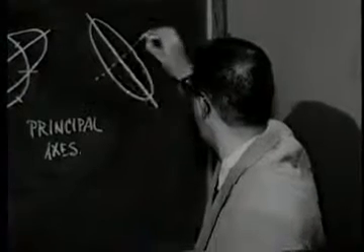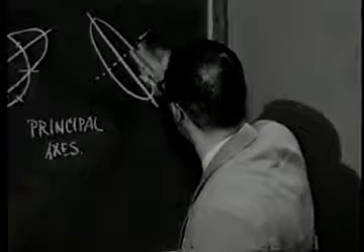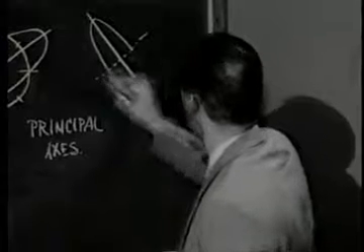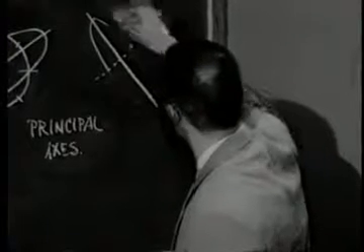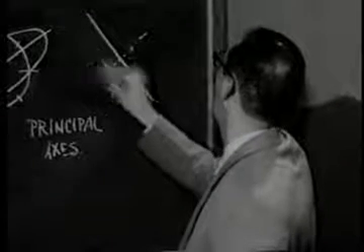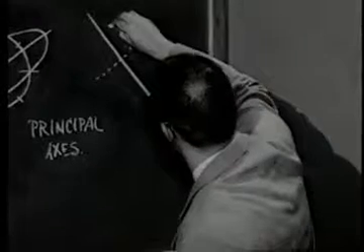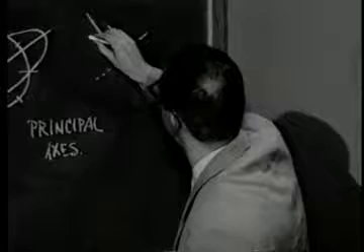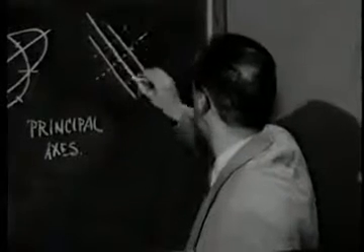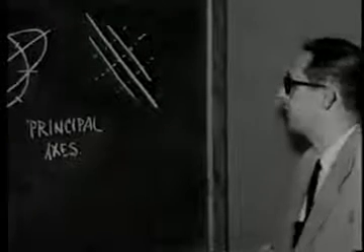Now, actually, we don't need the ellipse itself. We can just put in some lines parallel to the orientation of the axes. Now let's put that on the flow and watch it distort for 25 seconds.